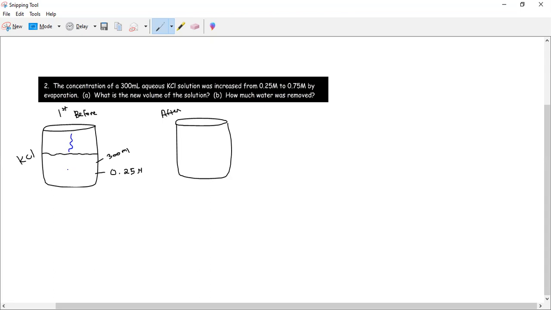Now, if you really look at what M means, M means moles per liter, right? So beforehand, the molarity was 0.25, we had 0.25 moles per liter of this solution. So if we scooped out a liter, we would have 0.25 moles.